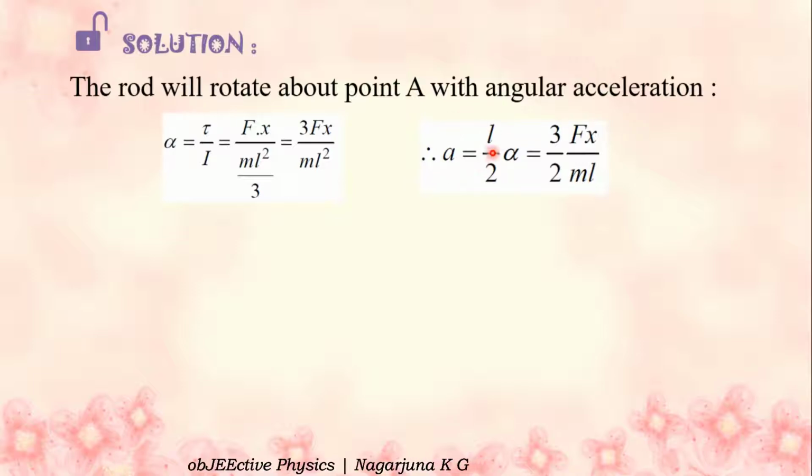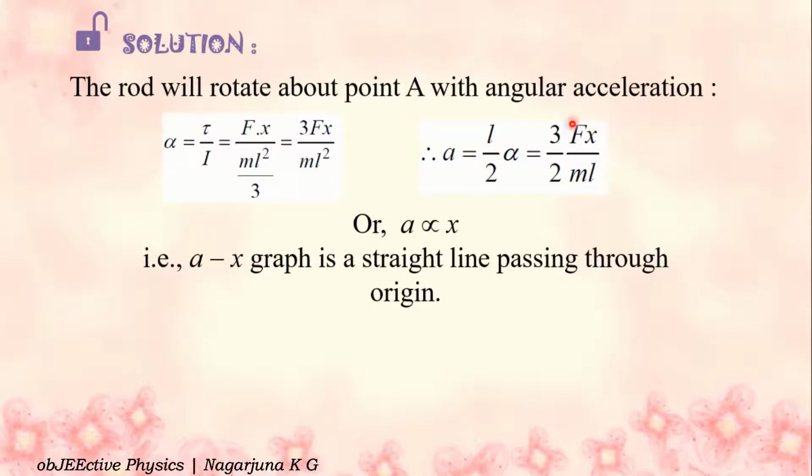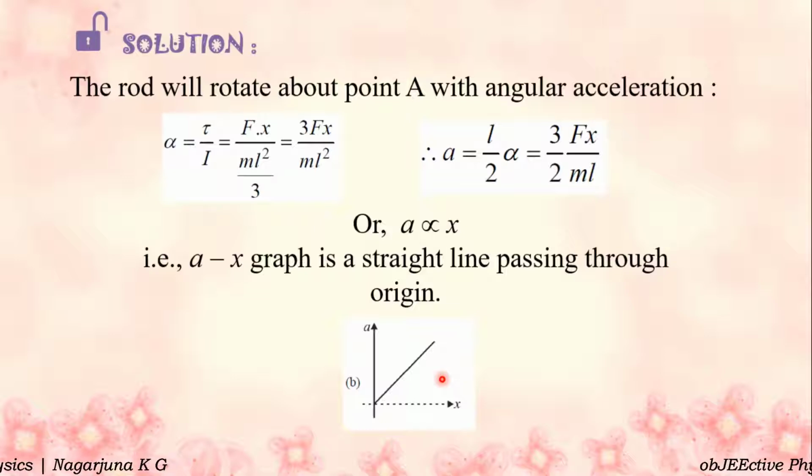So, a is equal to L divided by 2 into alpha, which is equal to 3 Fx divided by 2 m L. Or a is directly proportional to x in this equation. That is, the a versus x graph is a straight line passing through origin. Observe the graph. Option B is the right option.